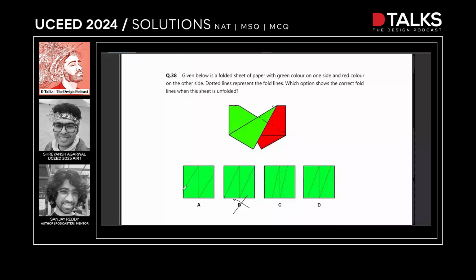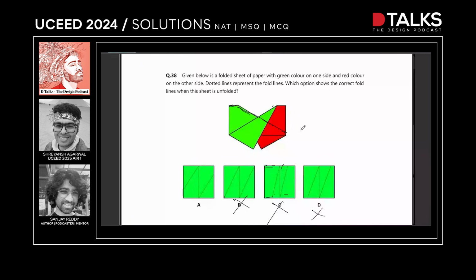This particular shape is much closer to the proportions of this shape than the other shape. This is just wrong because the trapezoid is in the corner, and this will never create a shape like this. But the triangles are in the center. The triangles are supposed to be on the side if you want to fold them in. But in options A and D, it's the same thing. Answer.